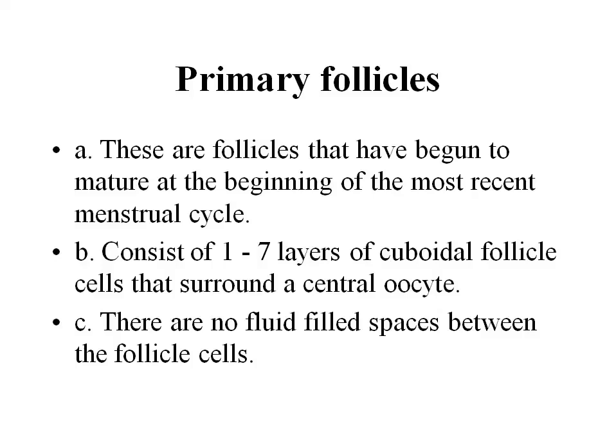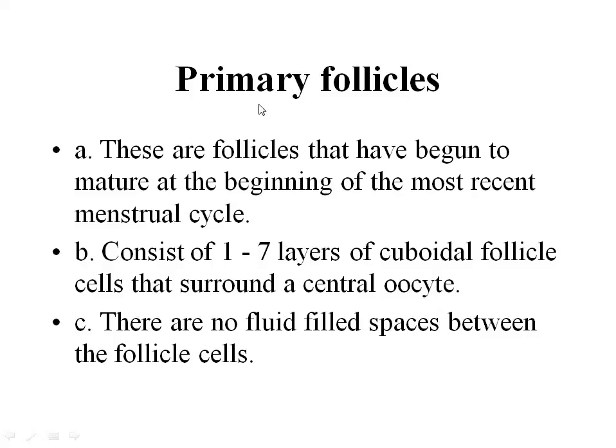The primary follicles consist of 1 to 7 layers of cuboidal follicular cells that surround the central oocyte. We have just seen in the previous slide many cuboidal cells surrounding the oocyte. There is no fluid space between the follicular cells.